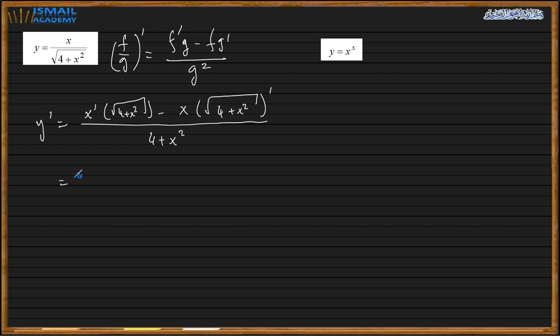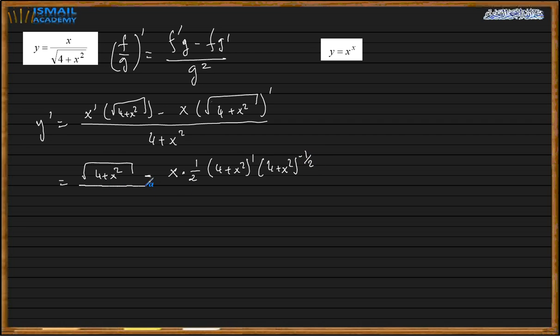Now here this is just 1, so it's going to be just square root of 4 plus x squared minus, here I'm going to use chain rule, so it's going to be x times 1 half, 4 plus x squared prime times 4 plus x squared to the minus half.